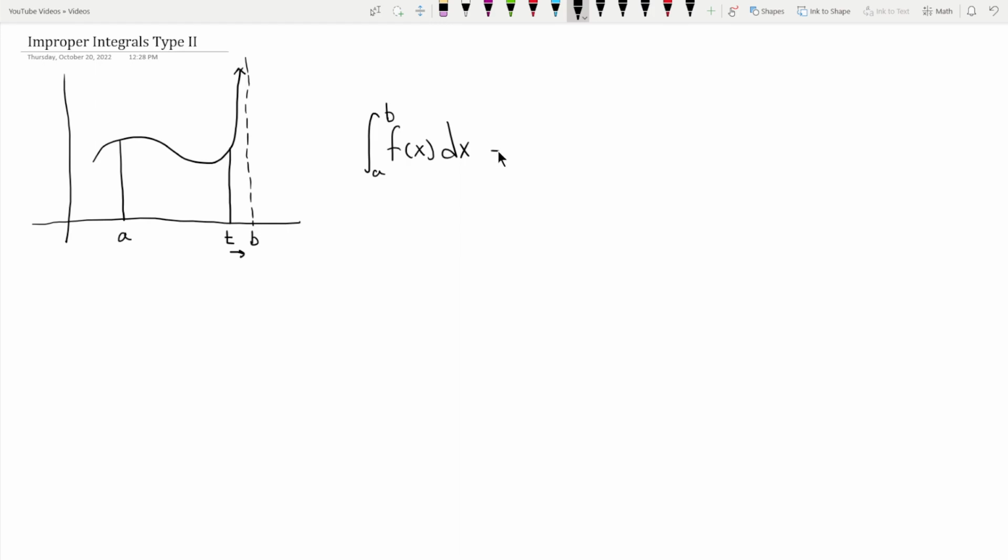So I'm going to do the same idea. If b is my asymptote, I'm going to take the limit as t approaches b. Now, I have to be a little careful here because depending on which endpoint is the asymptote, I'm approaching either from the left or from the right.